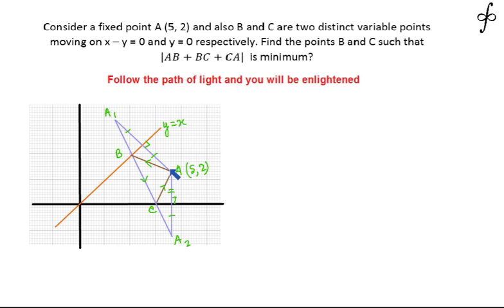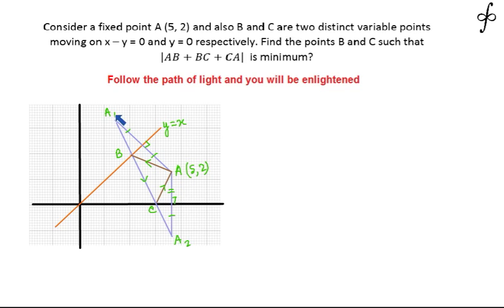If a light ray starts from the point A, then after reflection from the point B on y equal to x, it gets reflected again from the point C on the x-axis, and ultimately comes back to A. If you can arrange this kind of situation, then since the light ray travels along the path AB, then BC and CA to come back to A, the sum of the distances is definitely going to be minimum.